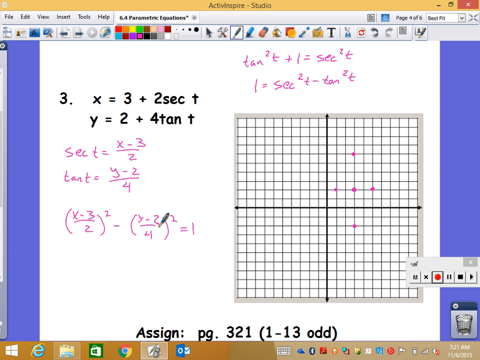The only difference now is with my hyperbola, I'm going to make a box out of these. The reason I make that box is because the diagonals of my box give me the asymptotes of my hyperbola.